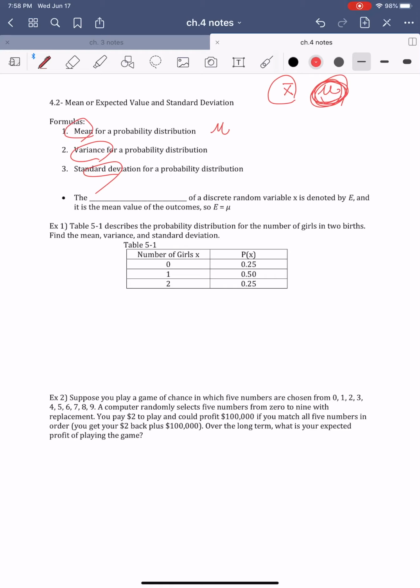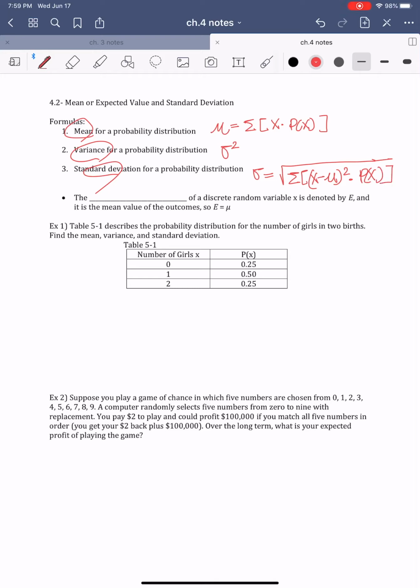Okay, so that's why I use the mu instead of X bar. So the mu is defined as, remember, it's the average, so there should be kind of adding things up. Sum of X times its probability value. Variance, remember, is the square of the standard deviation. So let me first give you the standard deviation formula. Square root of sigma, X minus the mean, whole thing squared, times P of X.